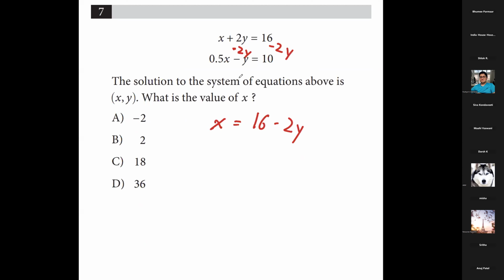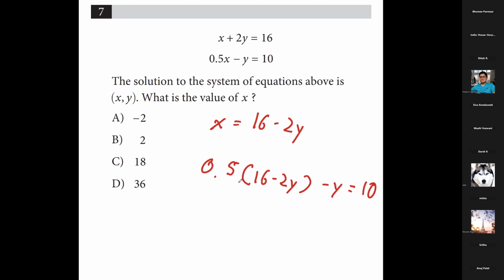And then we can plug that into the other equation, which would be 0.5, and then instead of x, we just plug in 16 minus 2y, minus y equals 10.